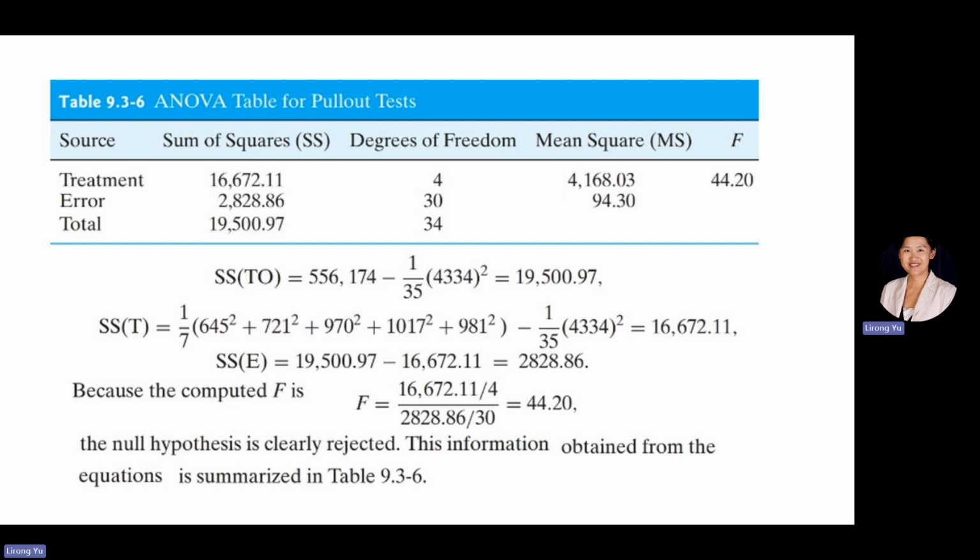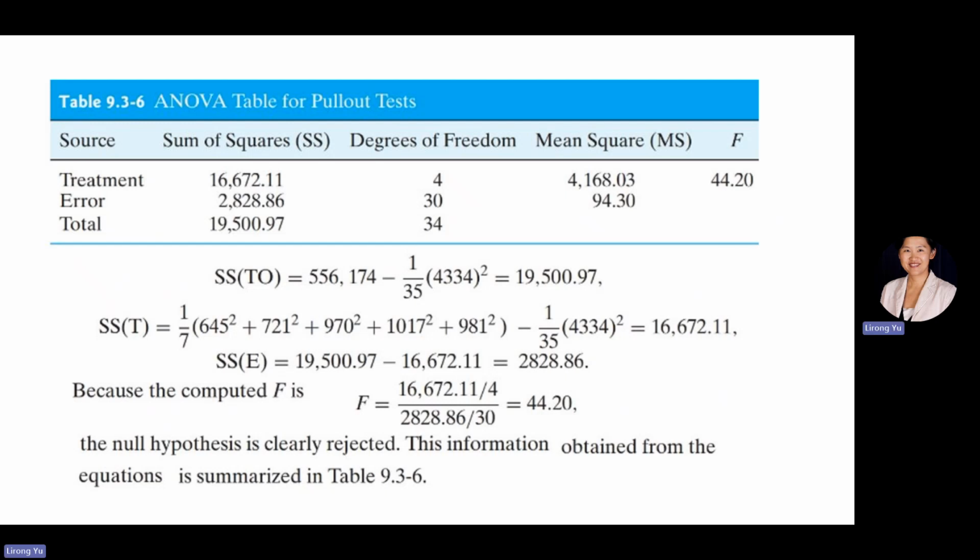That was a calculation of the summation square formula that we learned in basic statistics. With the same thing, we can calculate the total summation square. Essentially, it's the summation square term in each row minus 1 over 35 for that summation square. Once we get that number, we subtract them, we can have the summation of the error term, and then this divided by the 4, this divided by the 30, we have our F, which is really high.